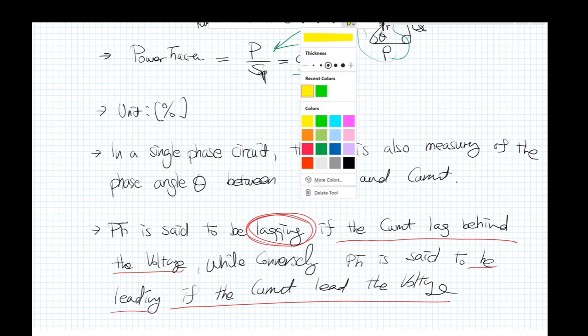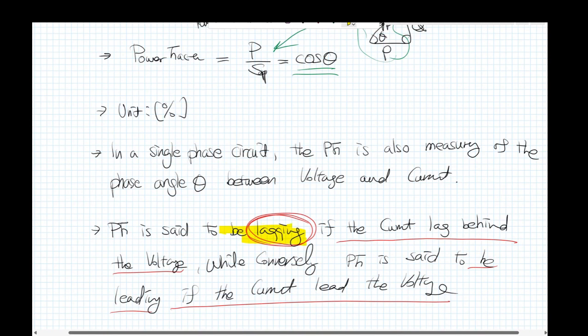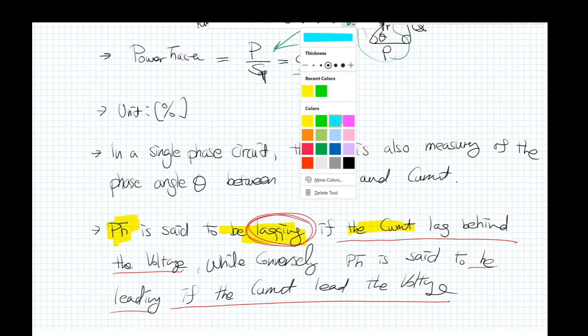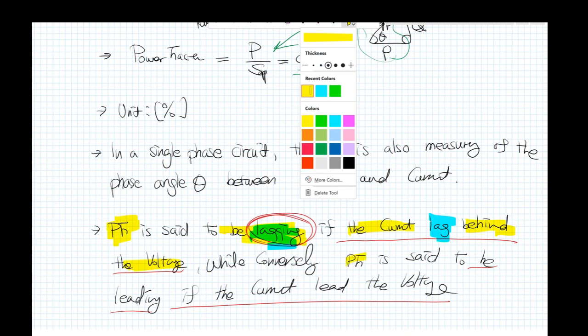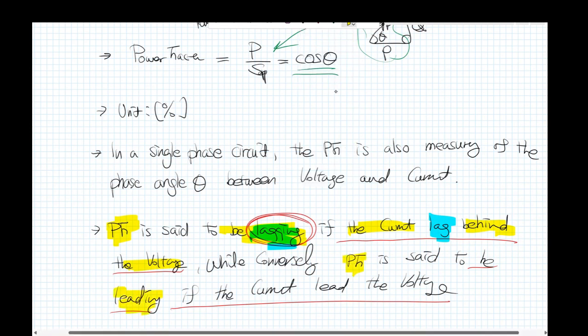So the power factor lagging means the current lags behind the voltage. Conversely, for the power factor leading, the current leads the voltage. Okay. Any questions? Okay. Thank you.